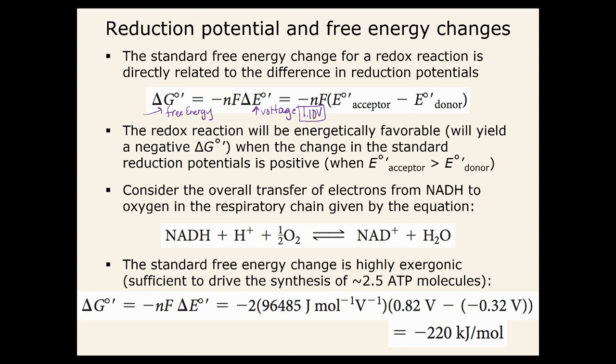Now, the concept is the bigger the voltage of that battery, the more energy you're going to get out of it. So this has a voltage of 1.10 volts, and the free energy for that is shown down here at negative 220 kilojoules per mole. So it's very exergonic overall, and that is helping to drive the formation of ATP. Okay, so let's go to the next slide.